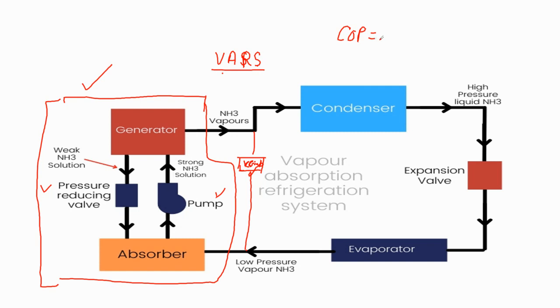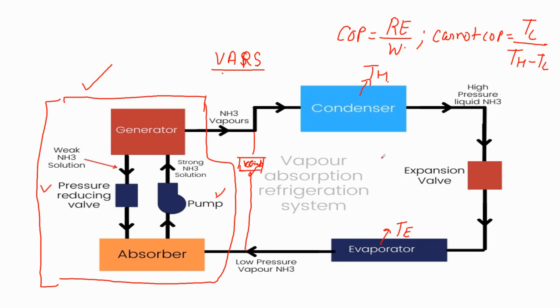Previously you have studied that the COP of a vapor compression refrigeration system is refrigeration effect divided by work done. And what is the Carnot COP? Carnot COP is equal to lower temperature divided by the difference between higher temperature and lower temperature. The higher temperature is observed in the condenser and the lower temperature in the evaporator.